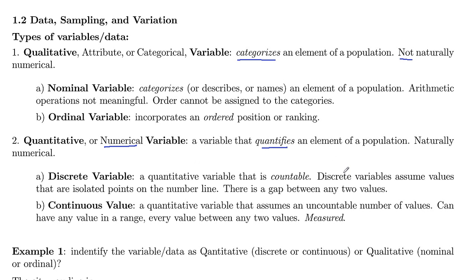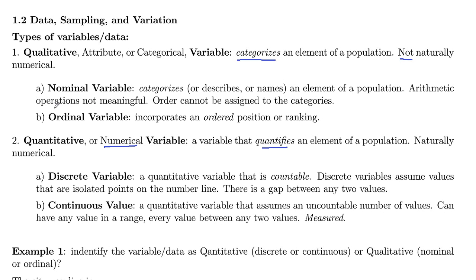They're naturally numerical variables. Now inside of qualitative variables, there are two subcategories. There are nominal variables, which are strictly just categories. So these would just be names of the different groups or categories inside the population.